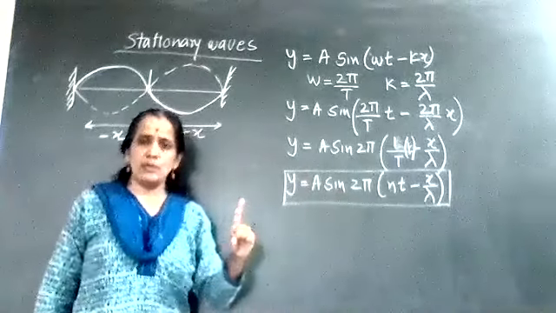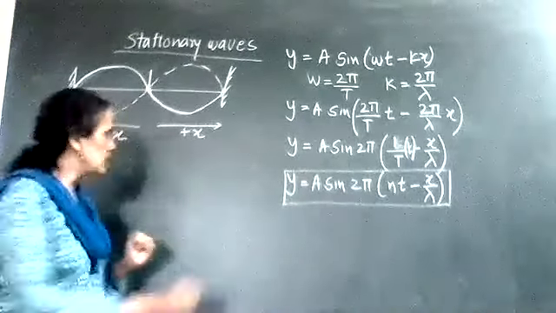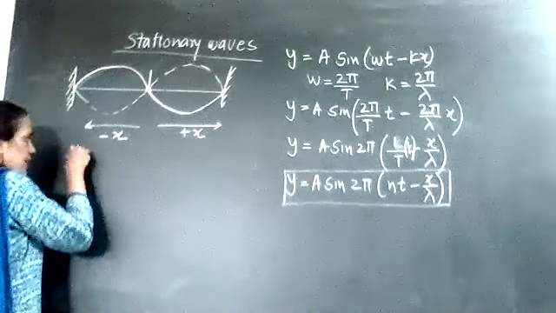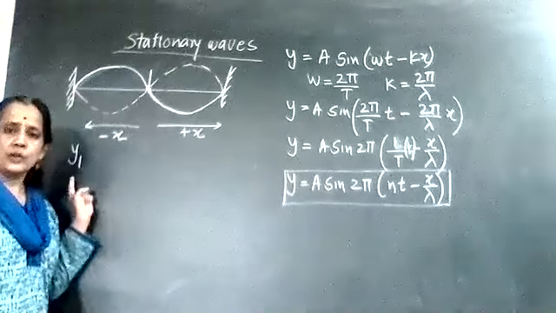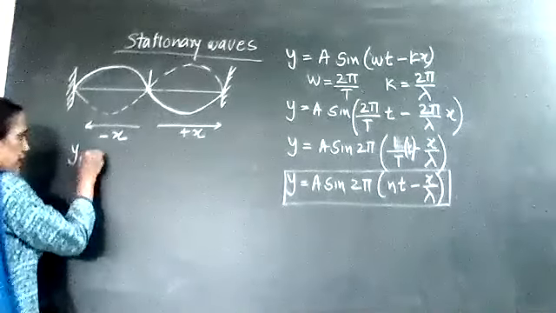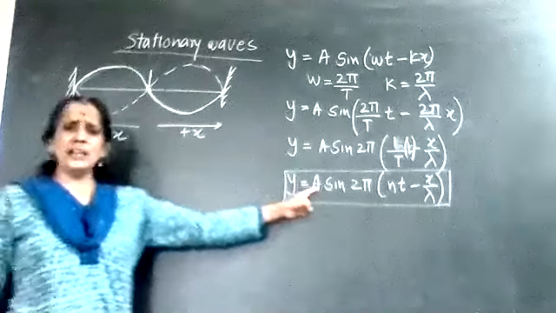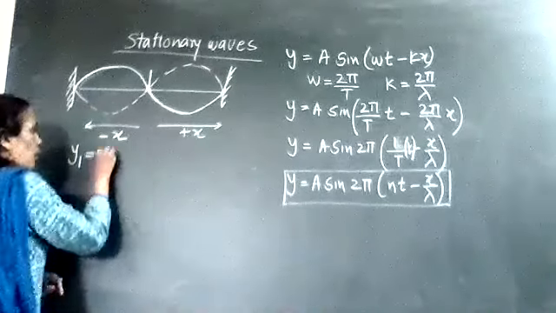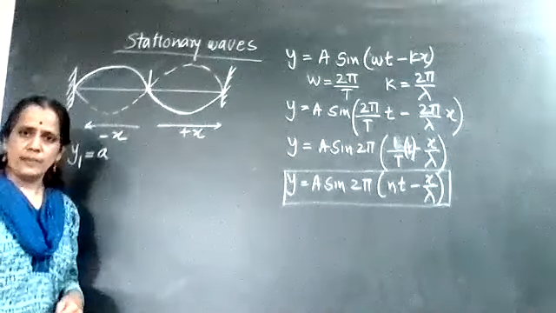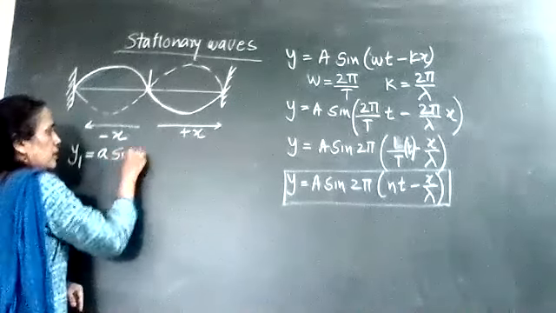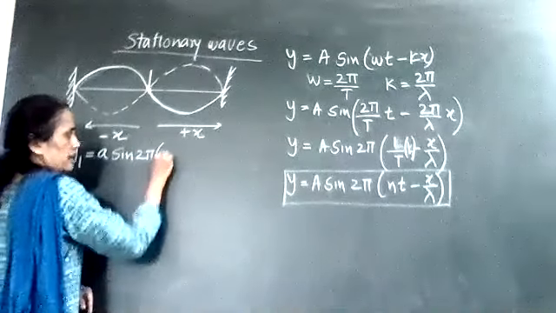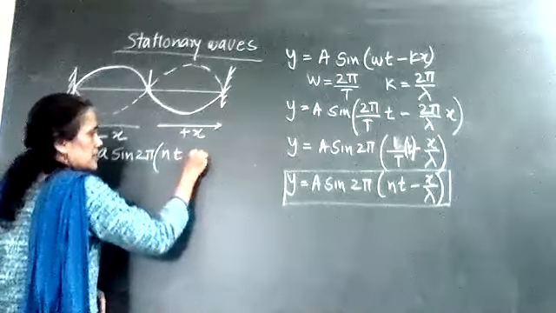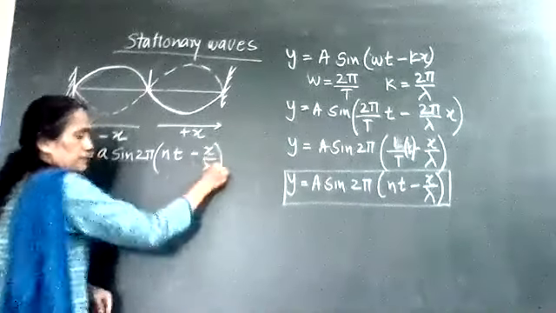So displacement of the first wave, y1, is equal to, instead of capital A, a small a as amplitude, into sine 2 pi in bracket nt minus x upon lambda.